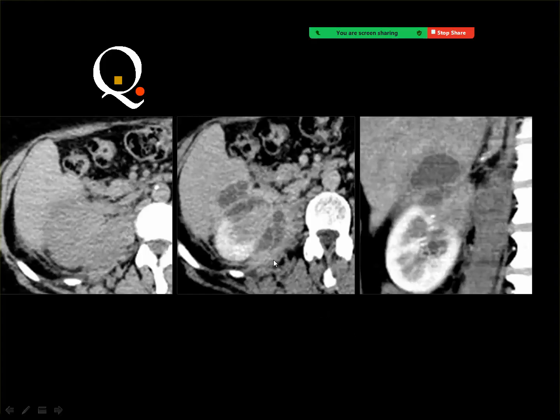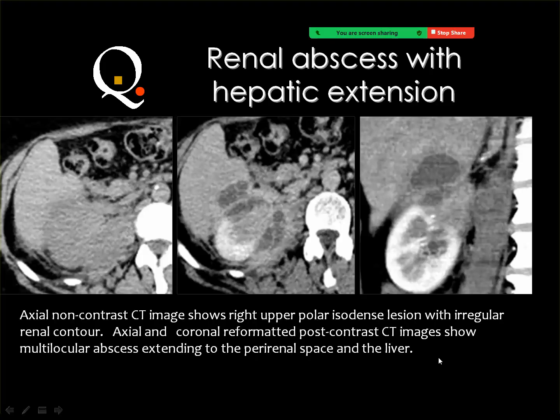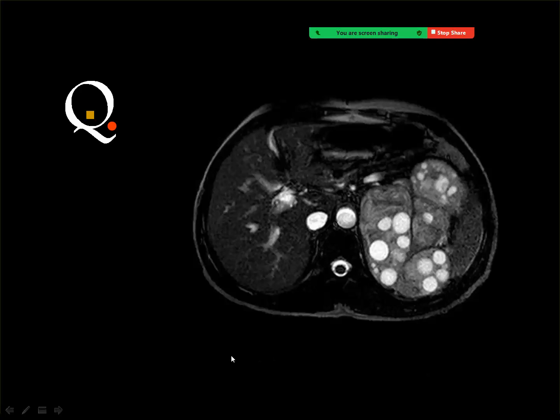Multilocular cystic nephroma is a single cyst and it contains some internal septations, but this is definitely an inflammatory lesion. This is renal abscess with hepatic extension.